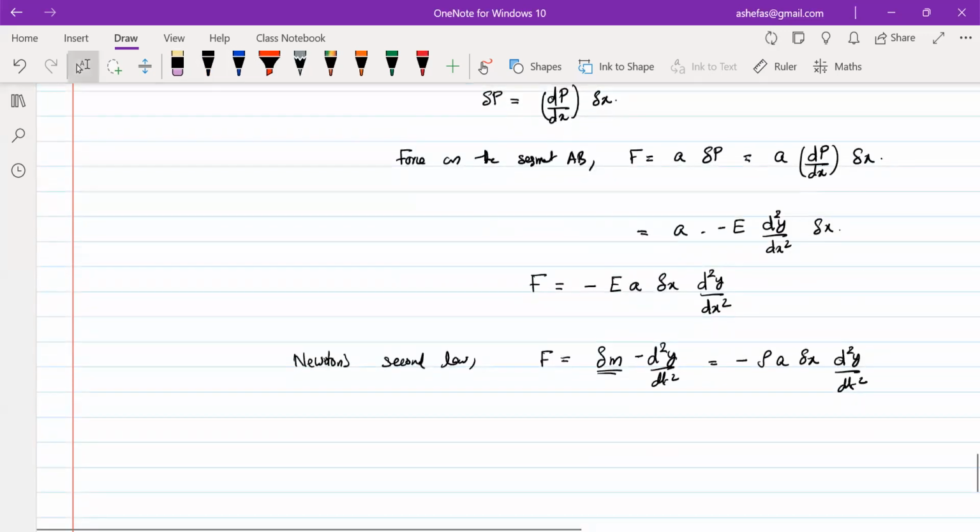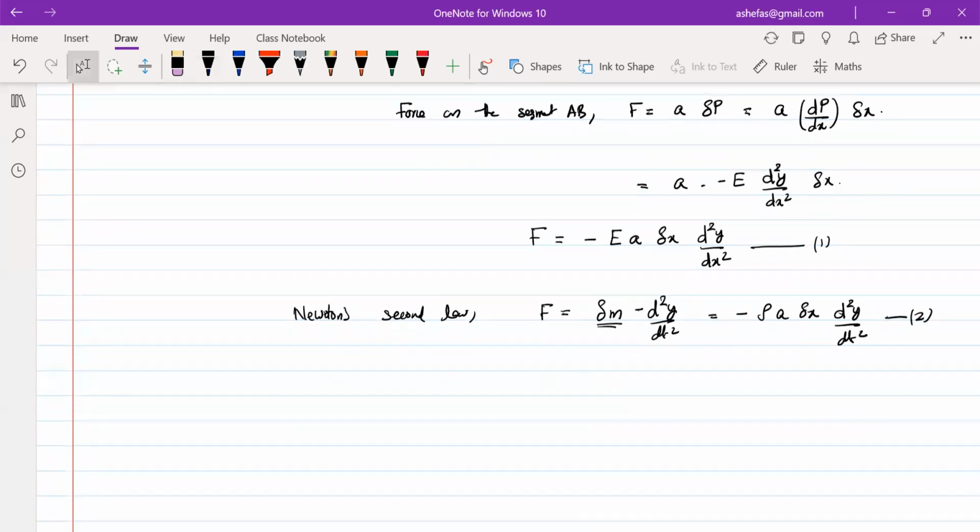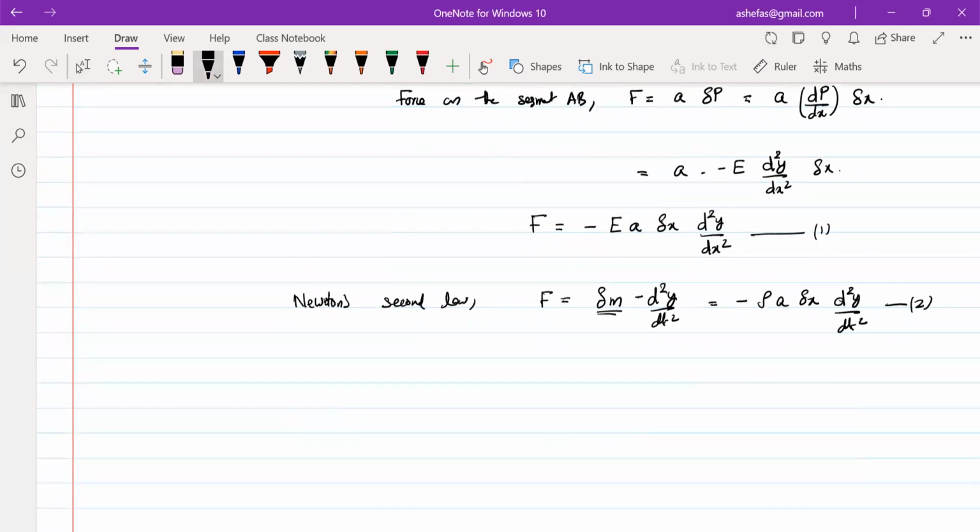Now equate both the right hand side terms, that is equation number 1 and equation number 2. So if you equate the RHS of 1 and 2, you get minus E A delta x d square y by dx square is equal to minus rho A delta x d square y by dt square.